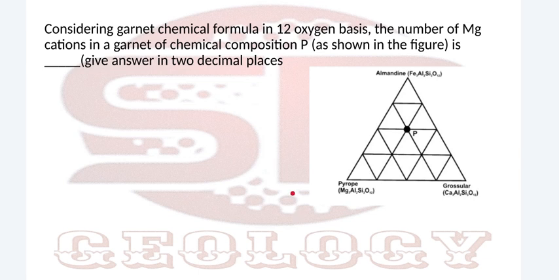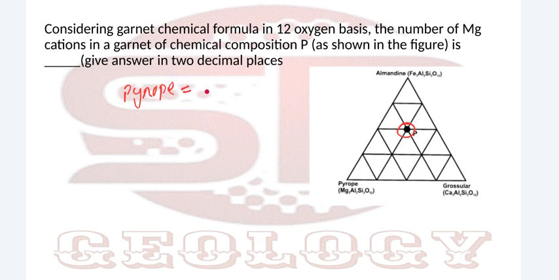Then, considering the chemical formula on a 12 oxygen basis, what is the number of Mg cations in garnet of chemical composition P? So you can write down the formula for composition P. Here pyrope, grossular and almandine are the 3 vertices.